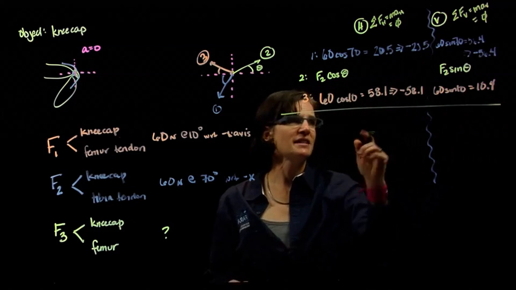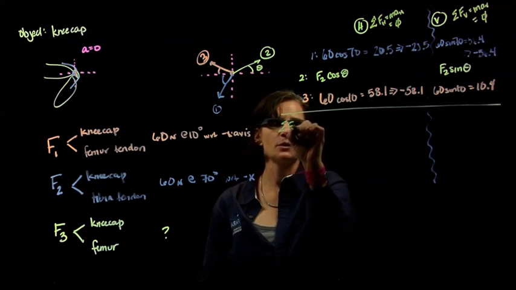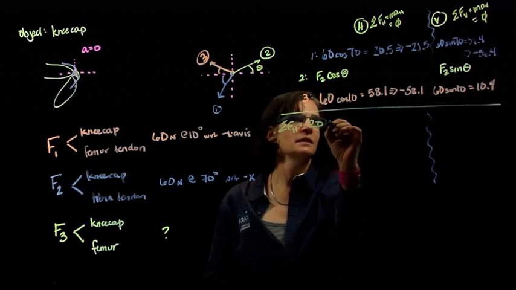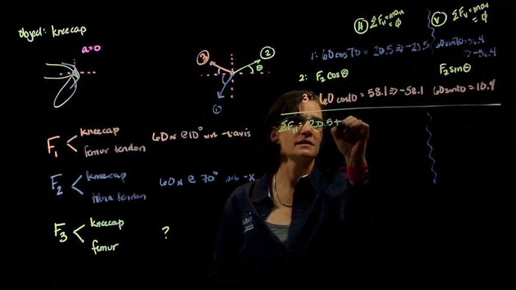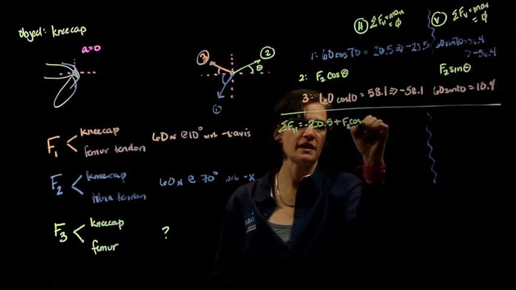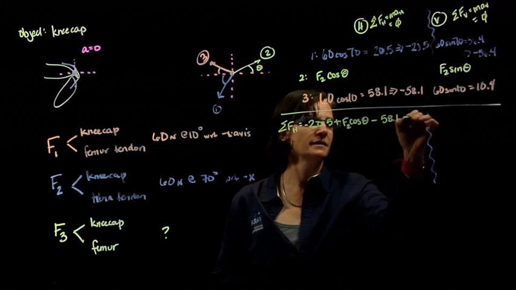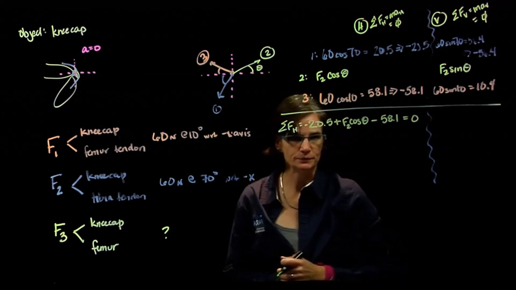So if we add these together, the sum of the forces horizontal is equal to minus 20.5 plus force 2 cosine of theta minus 58.1, and that equals 0.